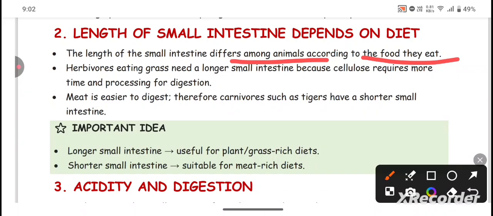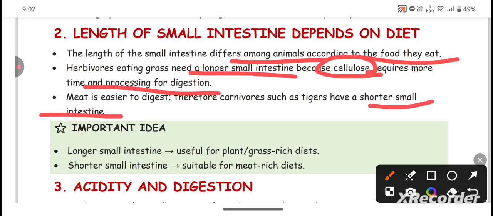Herbivores, grass-eating animals, need a longer small intestine because cellulose, a complex carbohydrate and polysaccharide, requires more time and processing for digestion. In meat-eating animals, the digestion is somewhat easier, so they have a shorter small intestine. So longer small intestine for plant or grass-rich diets, shorter small intestine for meat-rich diets.